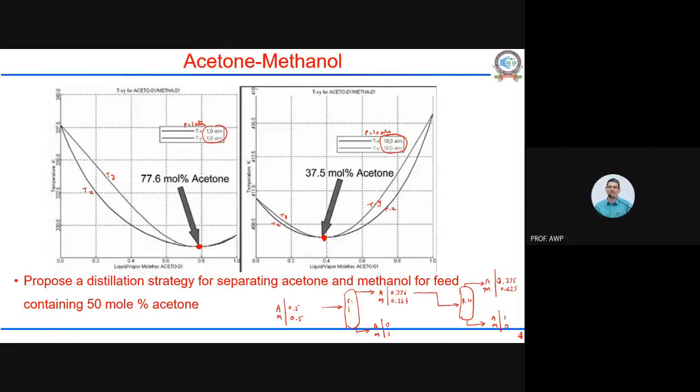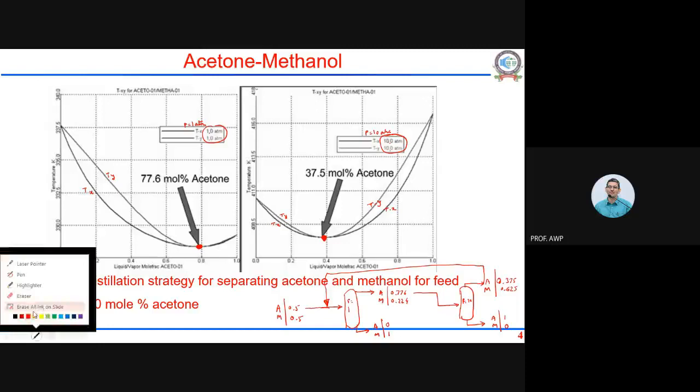Now what do you do with this azeotrope? Sir, we can recycle that second column distillate to the feed of the first column. You want to recycle here. So if you have a plant operating at steady state, do people agree with this?